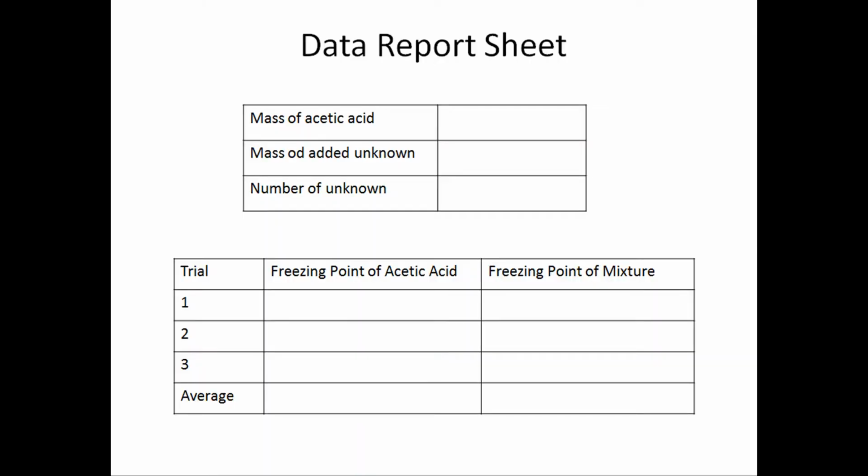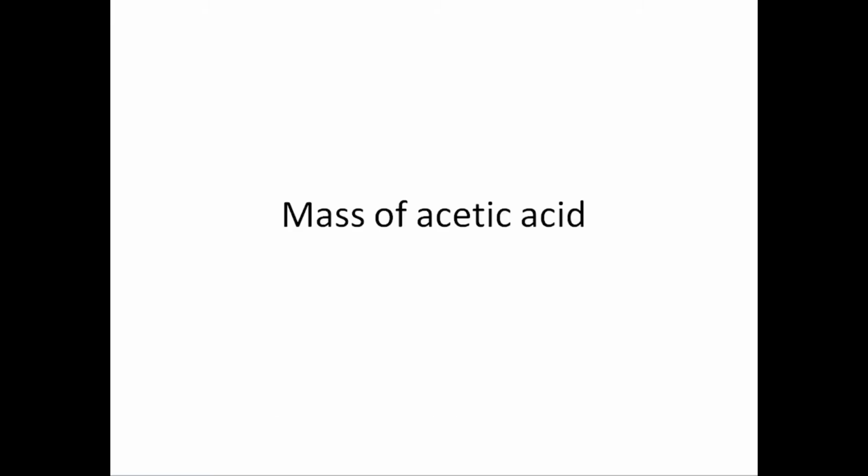Now we're going to set up our data sheet. You may pause the video at any time to record your answers. We're going to start with the mass of acetic acid.